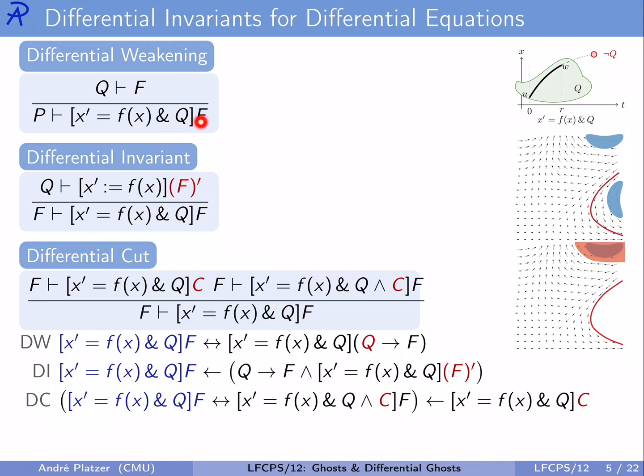But differential weakening can also be useful after we have successfully enriched and augmented our evolution domain constraint beyond what it was initially, using the differential cut principle. But we're getting ahead of ourselves.